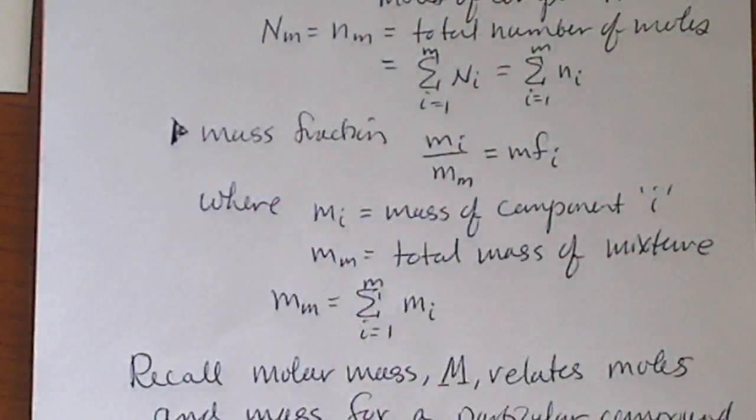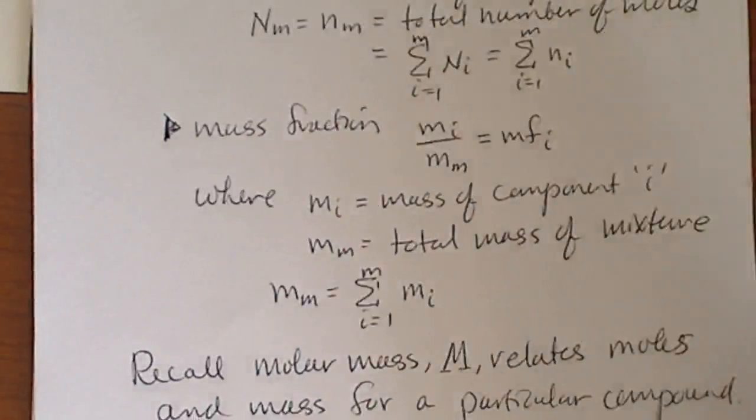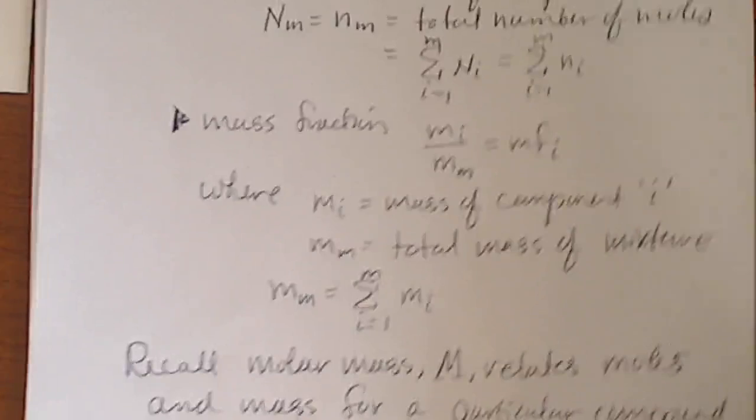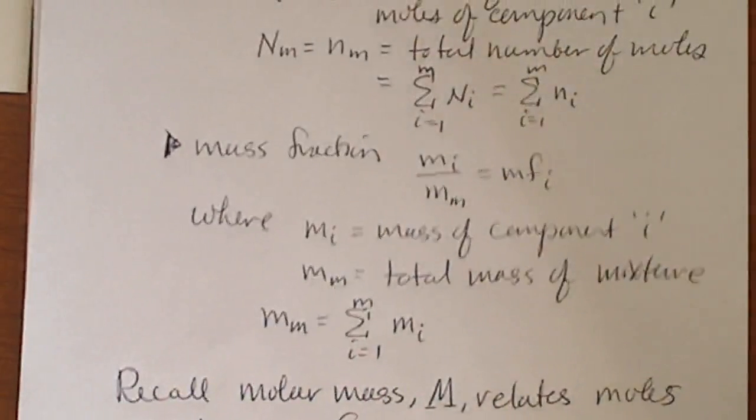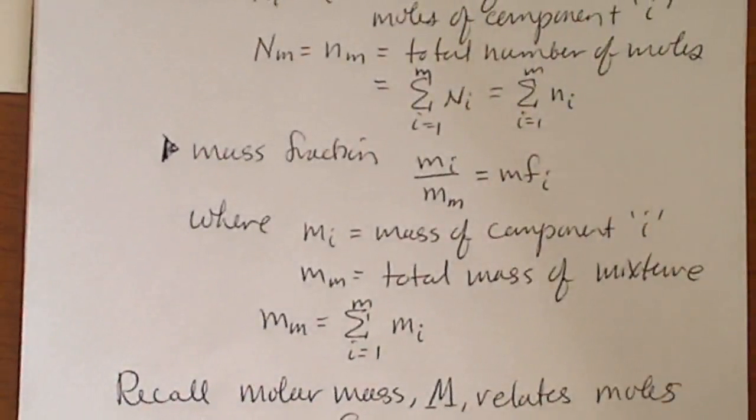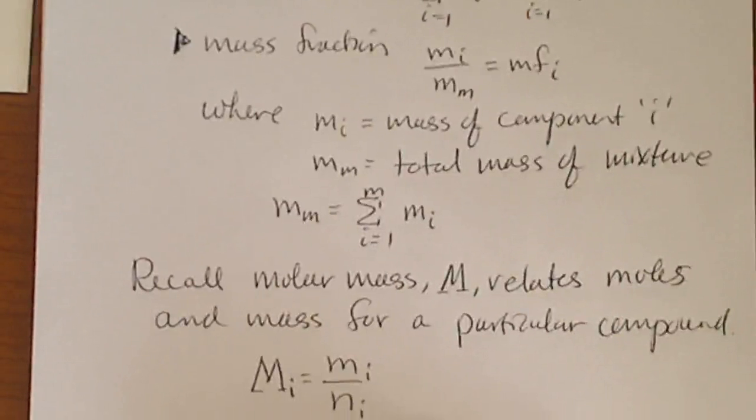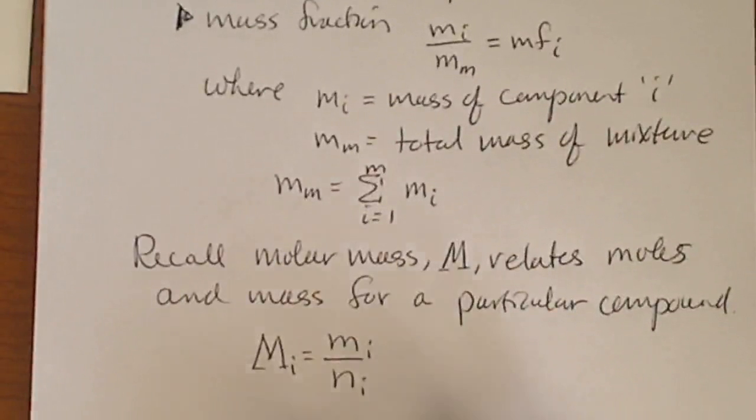And I guess we can write it that way to be a little more consistent. And so one of the things you need to be able to do with these is to switch back and forth, or to convert. If you have mass fractions and you need mole fractions, you can find the one that you don't have, to convert back and forth between mass fraction and mole fraction. So how do we do that?